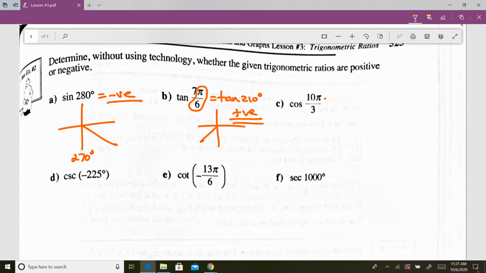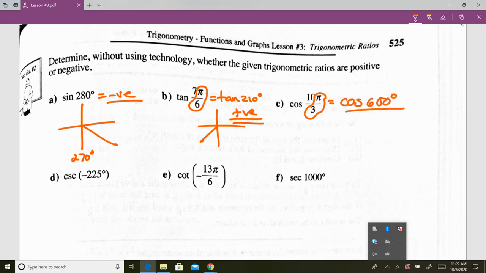Cosine 10 pi over 3. What's pi over 3? 60. I got 10 of them. So it's like cos of 600. What quadrant am I in? No, you're just guessing. 4. No, you said 3, 2, 1, so I just said 4. It's the only quadrant left. Yeah, but okay. It's in quadrant 3.